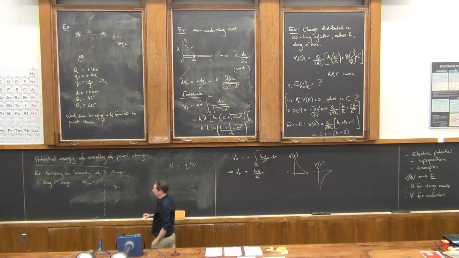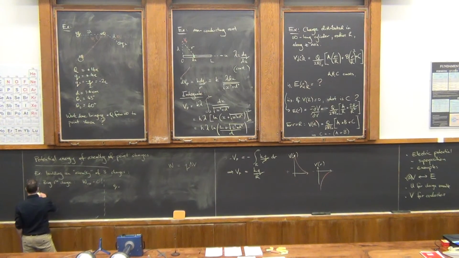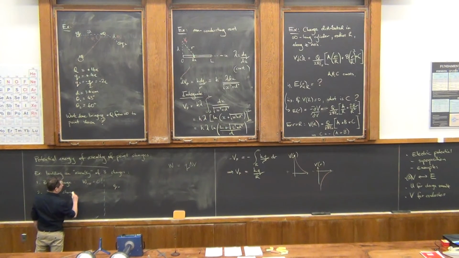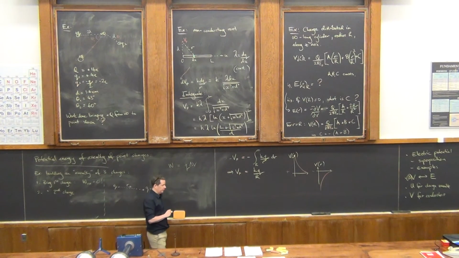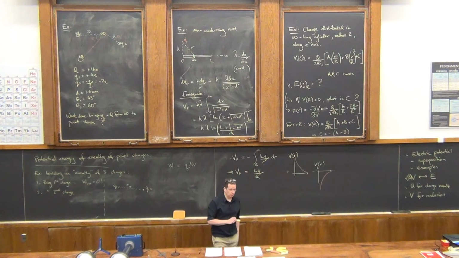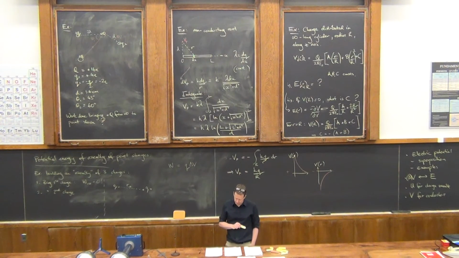So now I'm going to bring in a second charge, Q2. And I'm not even specifying signs here. Obviously that determines something about the sign of the work done. And I'm going to claim that I bring it to a point where it is a distance R12 from the original first charge.